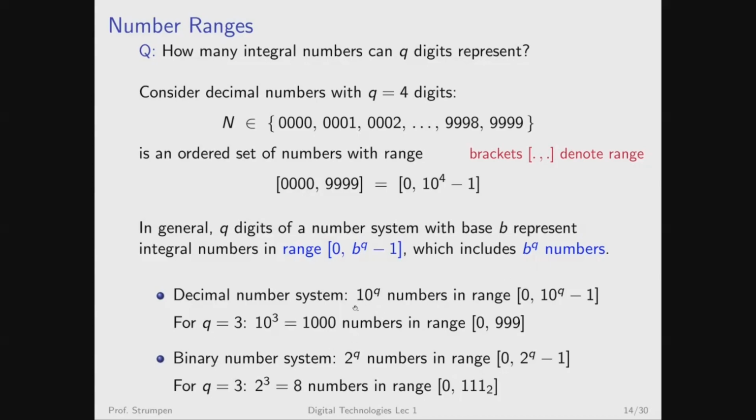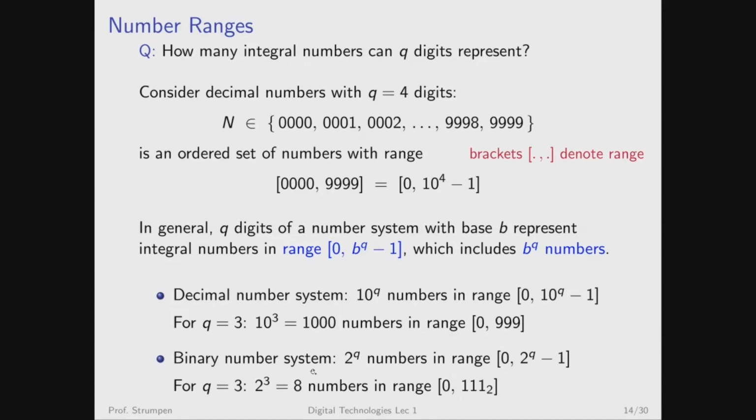Example, in the decimal number system, 10 to the q numbers are filling the range 0 up to 10 to the q minus 1, where if q equals 3, the number of integral decimal numbers we can represent is 10 to the 3, b to the q. Right? 10 to the 3 is 1,000, and the numbers are in range 0 through 999.